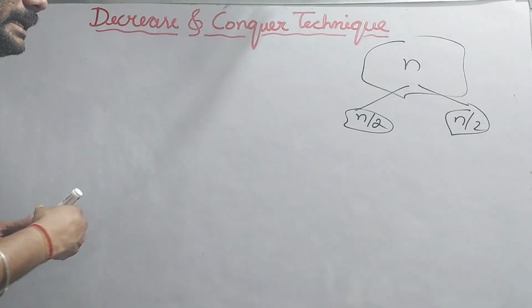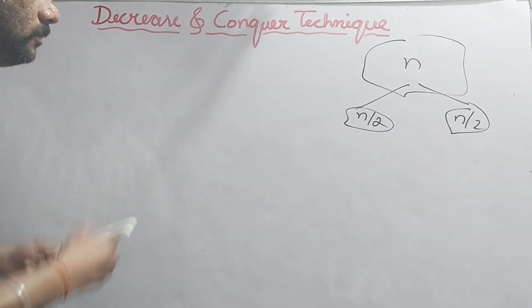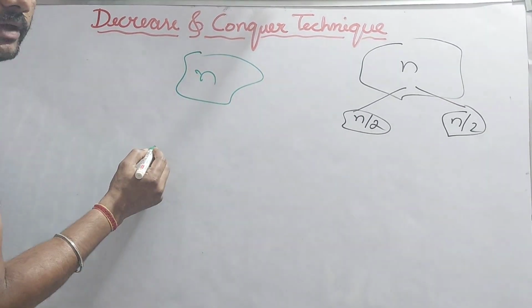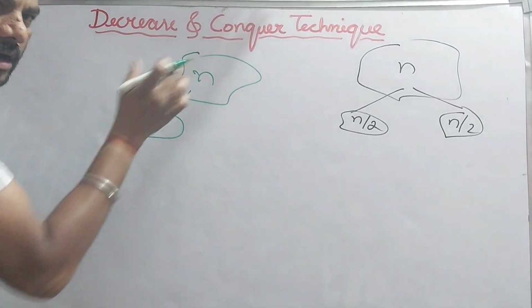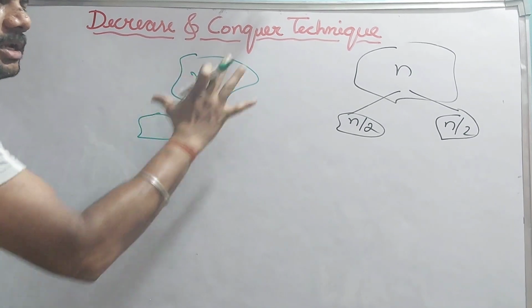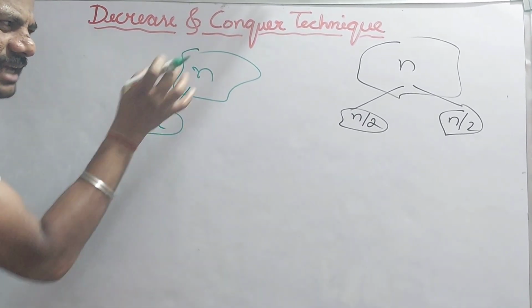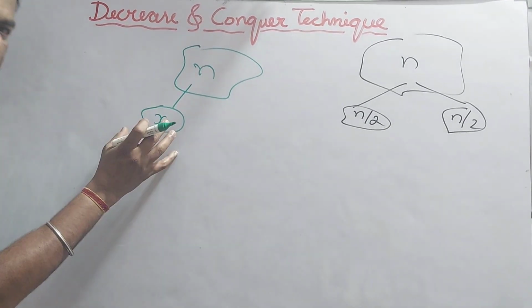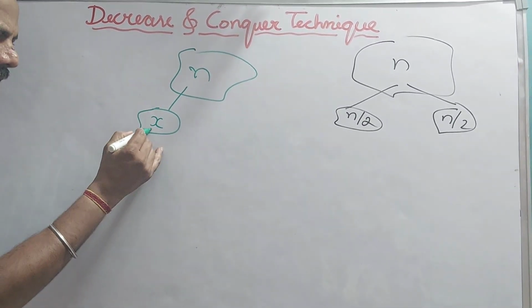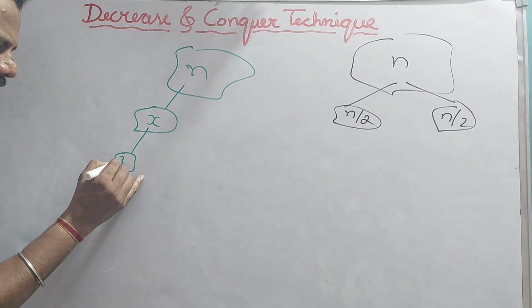In decrease and conquer, suppose this is the problem size n. We reduce it to some smaller size x. Still this problem size is large, so again I reduce it some more, let us take this as a y problem.